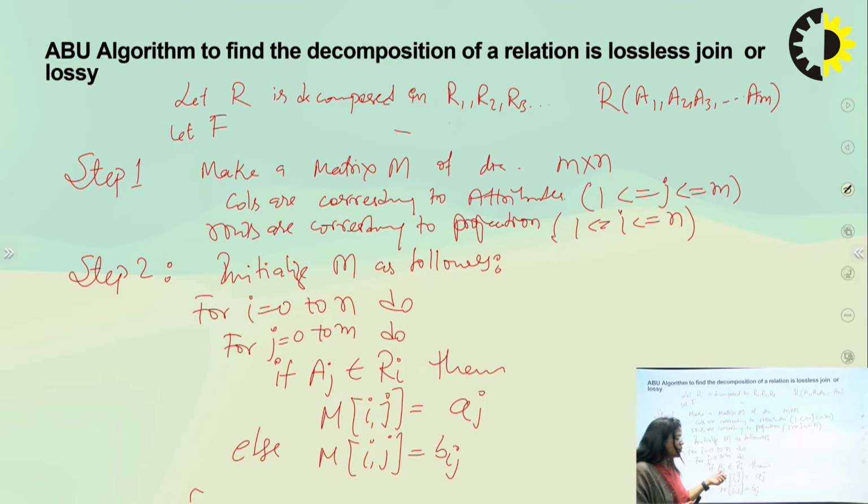If AJ, that particular attribute, is an element of that particular projection, then Mij, that particular element, will be written as AJ, with the suffix J, the column number. Else Mij will be Bij. Here we are taking the suffix I and J both, row number and column number both.